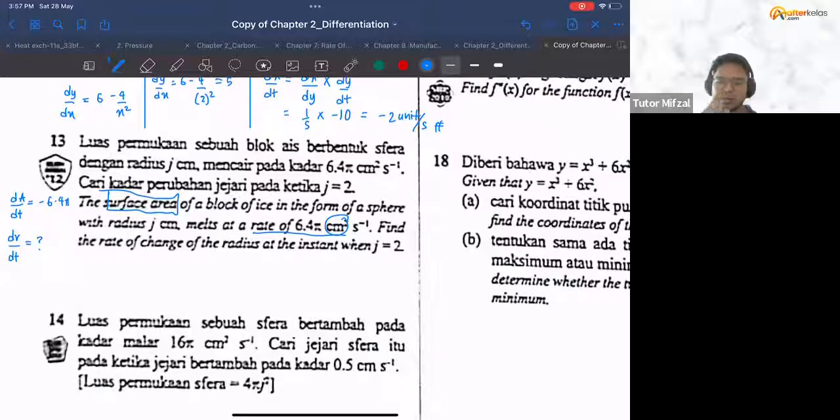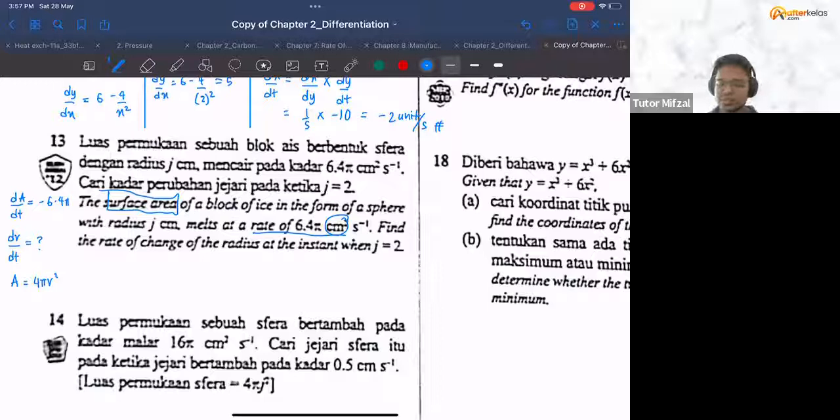A is equivalent to what? What's the surface area of a sphere? I bet you guys also don't remember what is the surface area of a sphere. Okay, so the surface area of a sphere is 4 pi r square. Remember this.